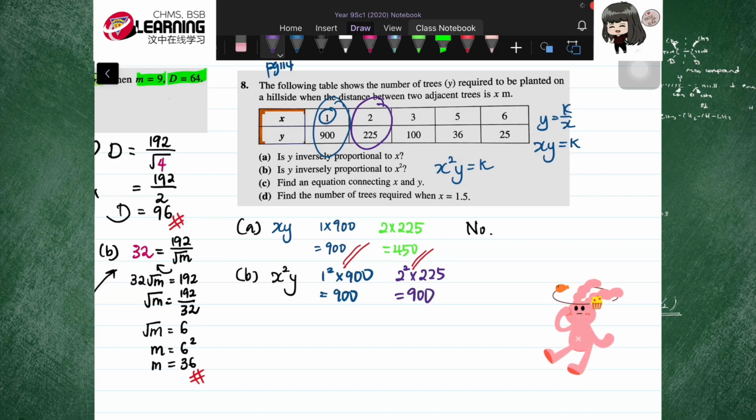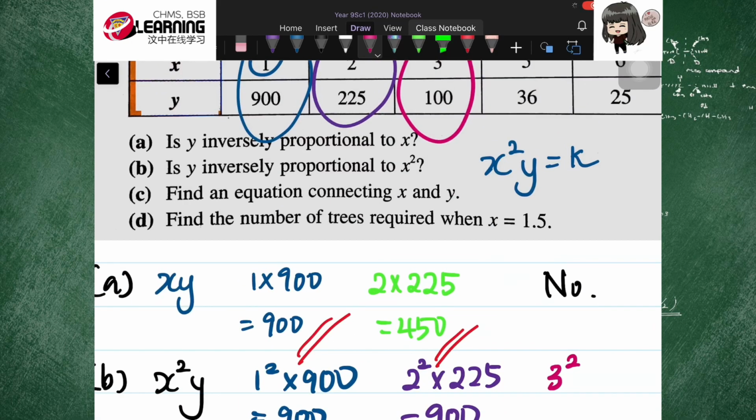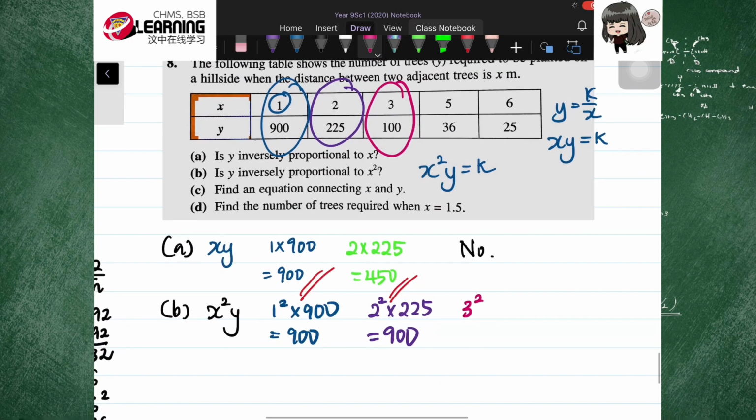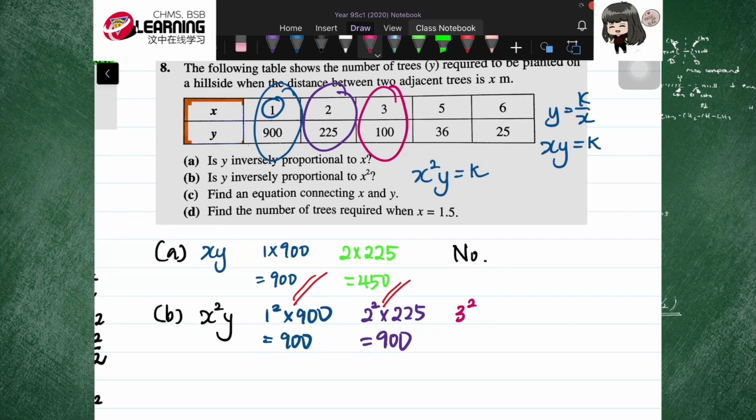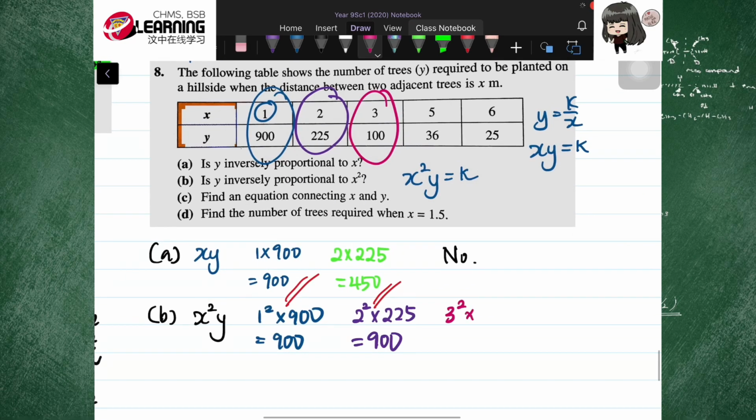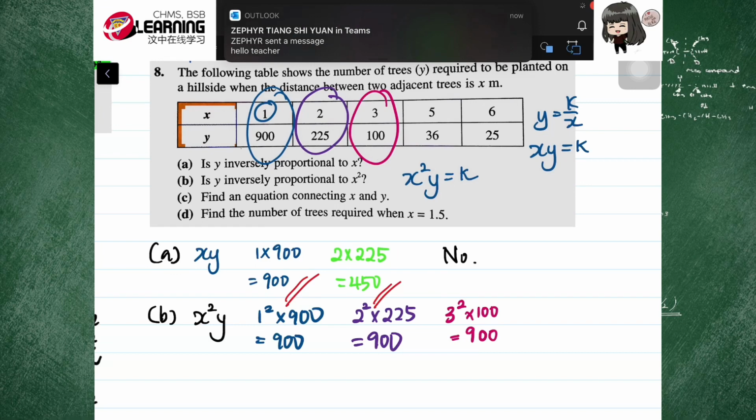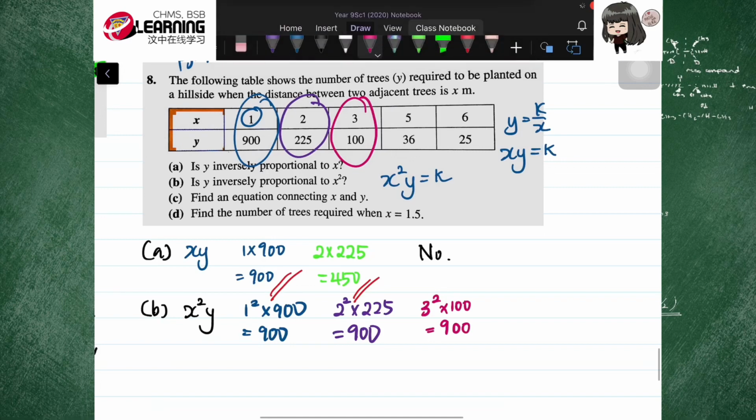Yes, it's 900. The third one, 3 squared. Why is it squared? Because of x squared, because we are finding whether y is inversely proportional to x squared or not. So 3 squared times 100, I read wrong, sorry, it's 100. 3 squared is 9, so 9 times 100 is 900.